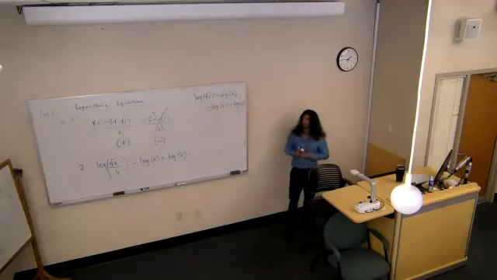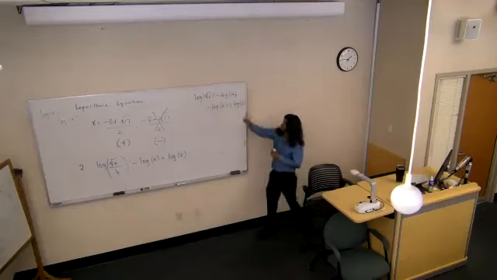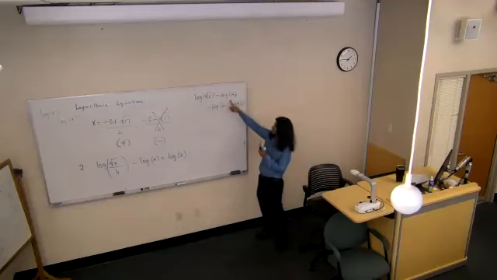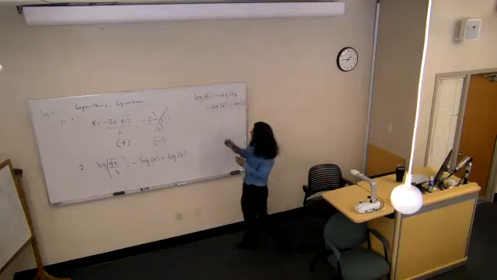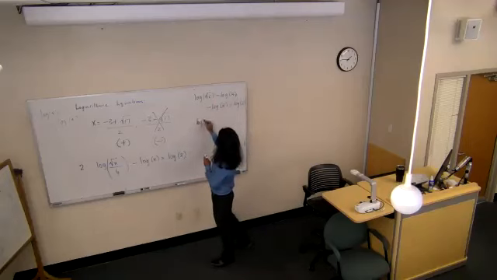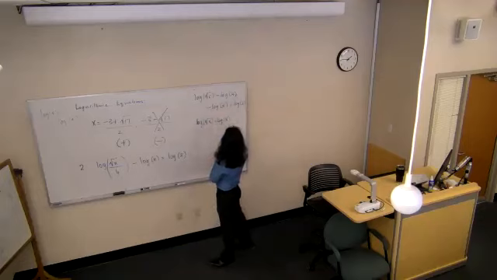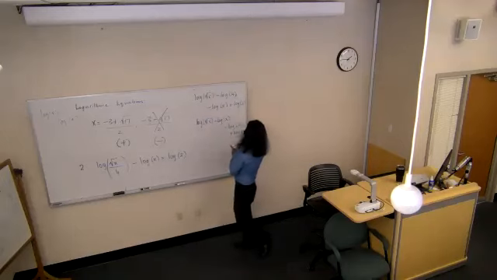Good. Now, that's a number, so I'm going to move it to the other side. So log square root of x minus log x equals log 2 plus log 4.